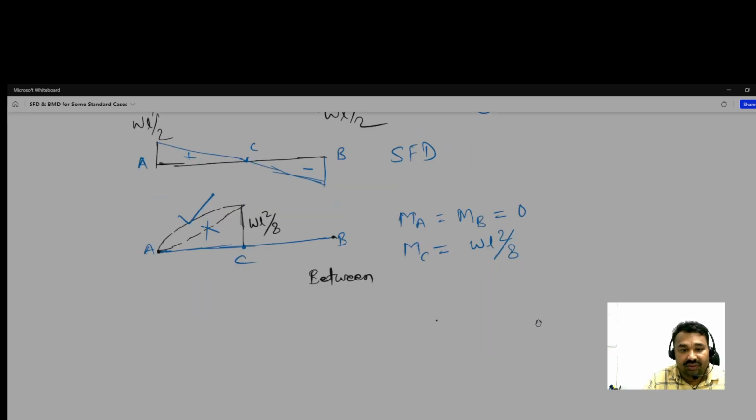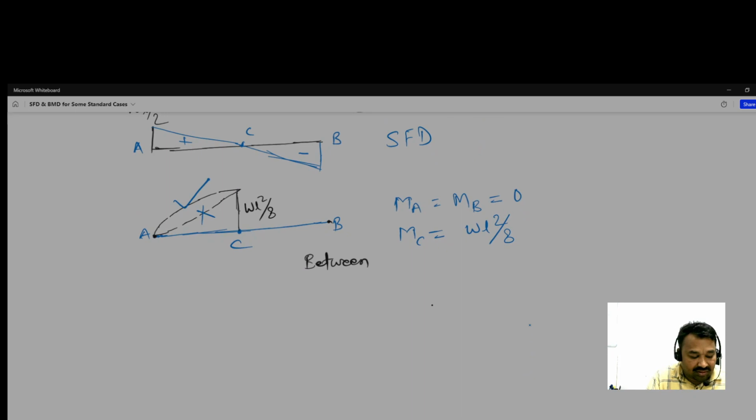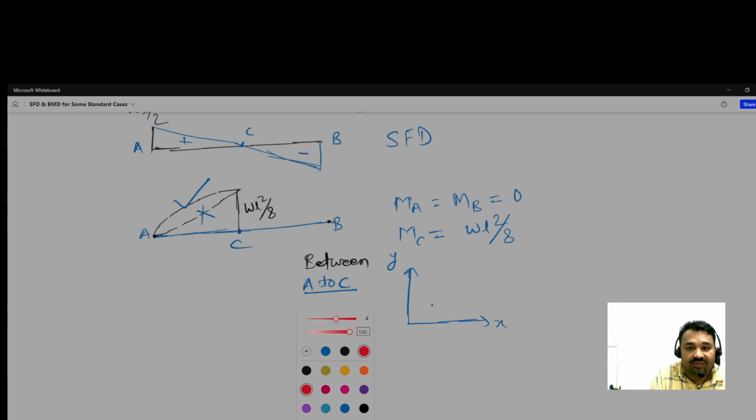As we know, the magnitude of the moment increases or decreases based on the shear force diagram, which is our reference.